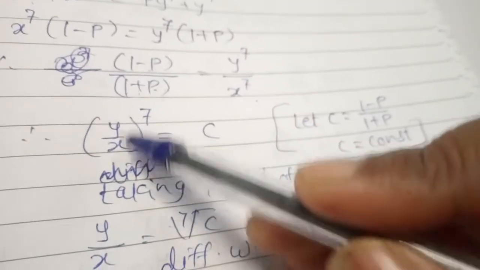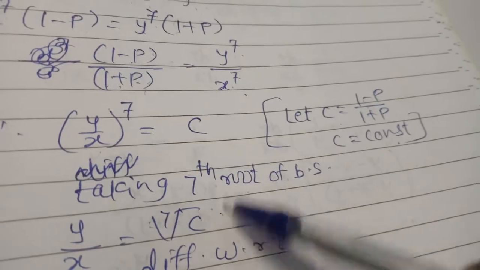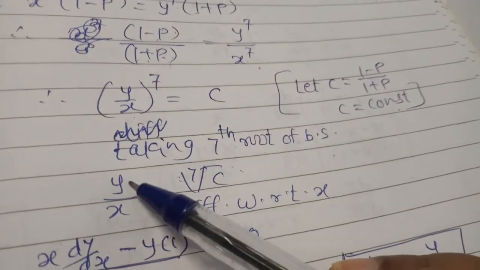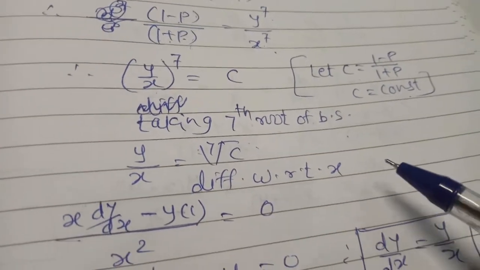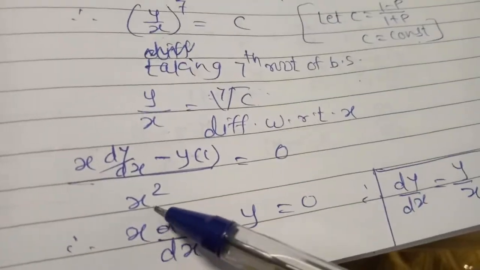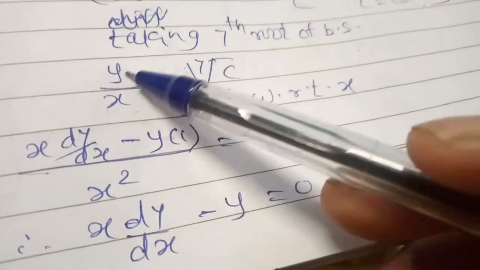So y upon x we put in one bracket, and since the power is 7, we take the 7th root of both sides. So we get y upon x is equal to the 7th root of c, and now we take the derivative of both sides. Here the u upon v rule is applicable: x dy by dx minus y into 1.